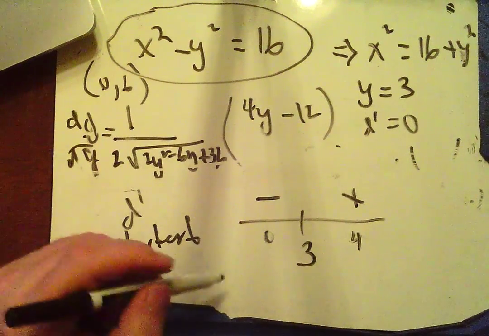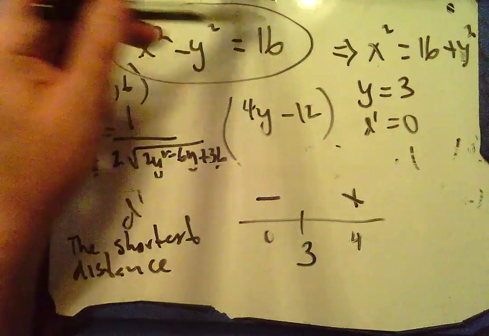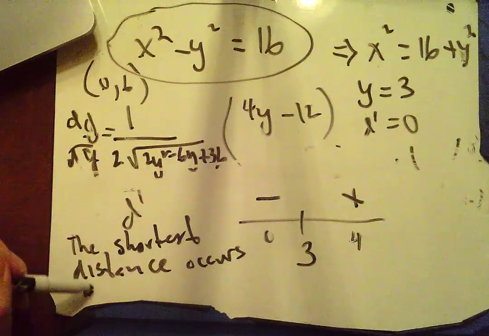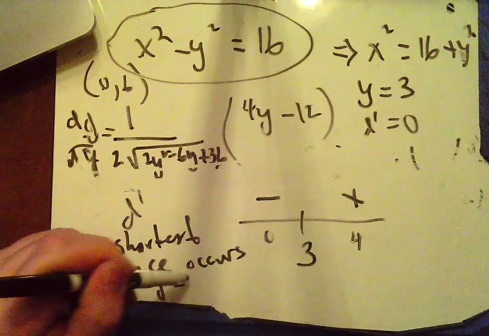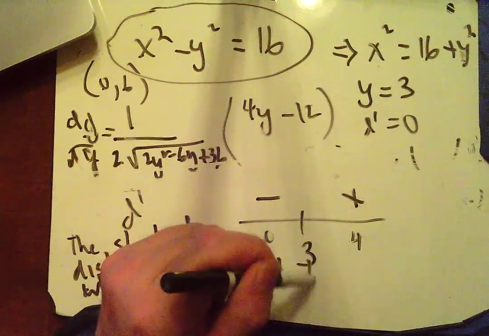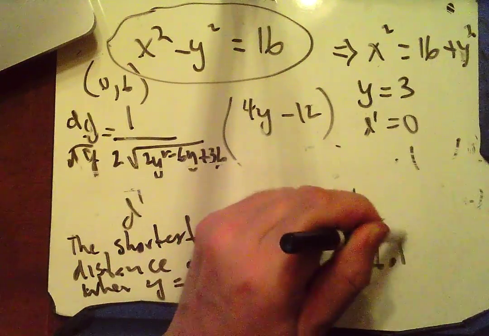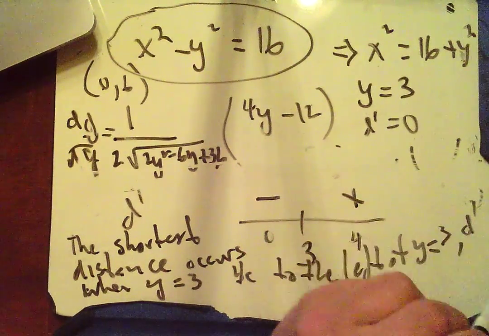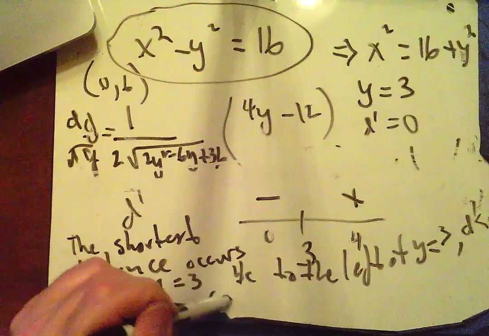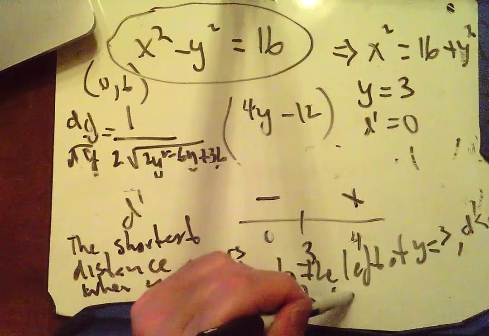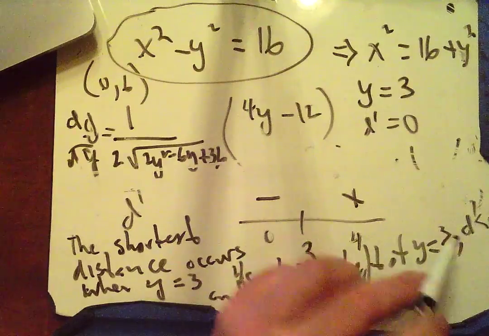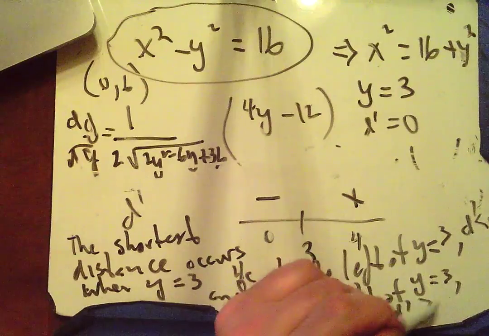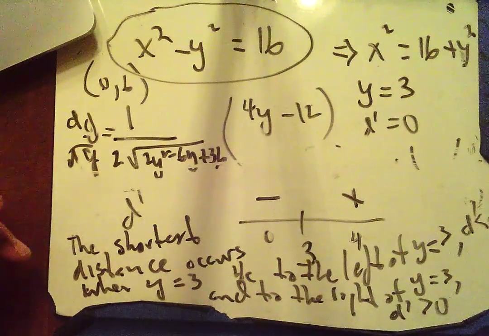And you might want to be explicit here about what shortest distance: the shortest distance between this curve and this point occurs when y equals 3, because to the left of y equals 3, d prime is less than 0, and to the right of y equals 3, d prime is greater than 0.